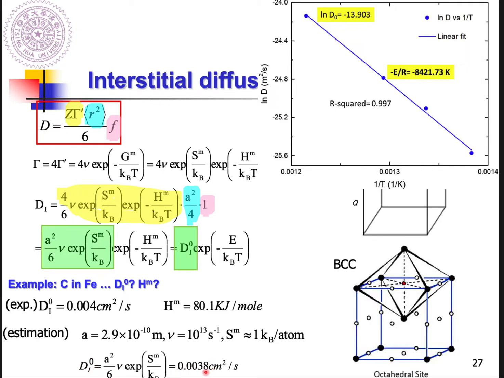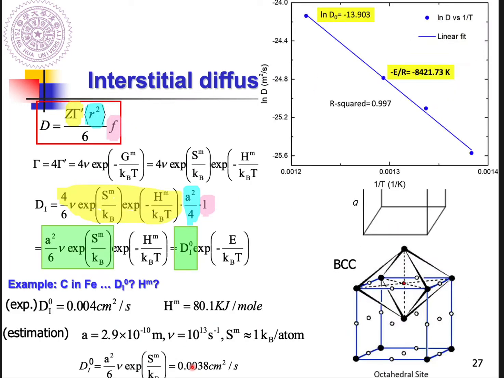Actually, the value you measure for D0 is very close to what you estimate based on data published in the literature. So the result is quite close, right? Okay, I have just provided you some ways to measure D0 and the migration enthalpy for your materials.